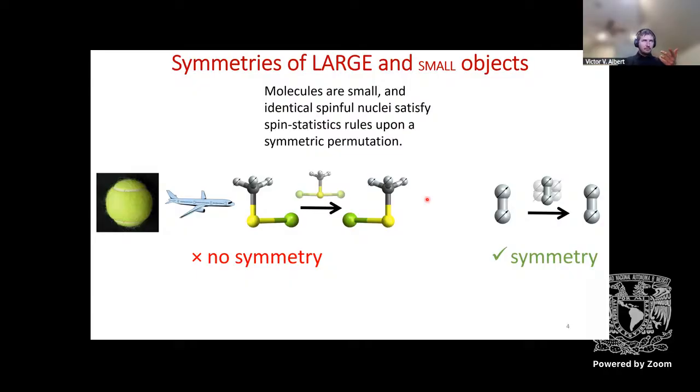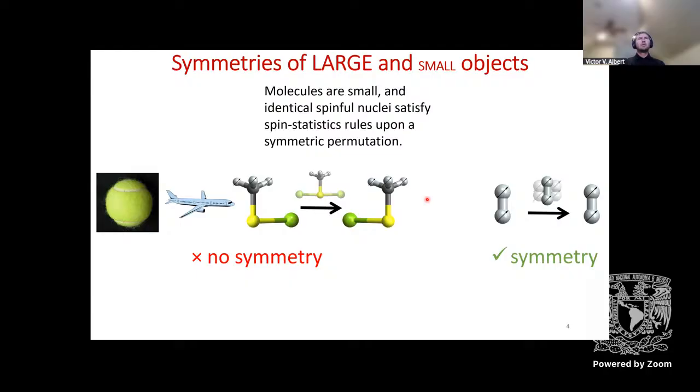Well, because the molecules, the atoms making up the airplane, there's so many of them that if you were able to magically reflect the airplane through the plane that bisects it, there would be no need to account for spin statistics, because there's just so many atoms, and not every atom will snap into the position of its partner. So the types of symmetries we talk about when we talk about microscopic objects do not determine the different configurations of the object. Moreover, for the airplane, we can't even do this reflection through the plane.